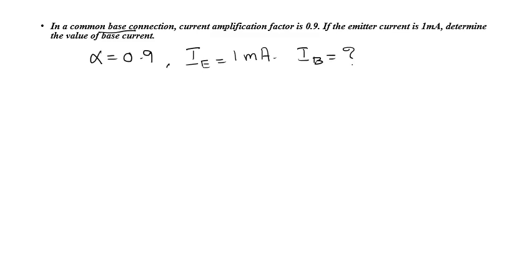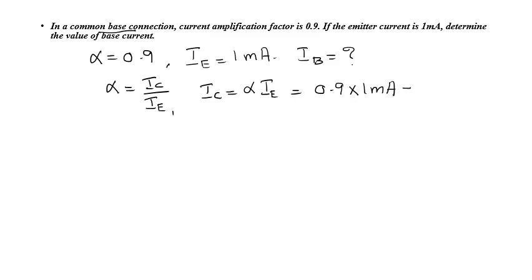Okay, so we know alpha is defined as IC by IE. So here IC can be calculated as alpha IE. The alpha value is 0.9 and the IE value is 1 milliampere. Therefore IC is equal to 0.9 milliampere.